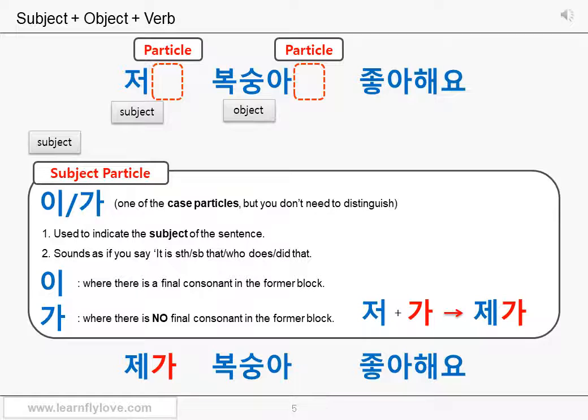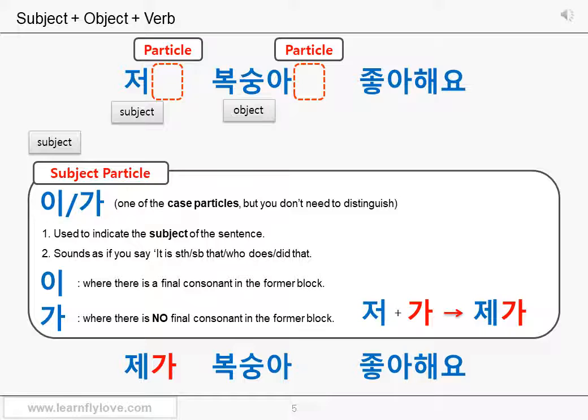Of course, the subject particle 이/가 is used to indicate the subject, so sometimes it doesn't have any strong nuance, but just says this is the subject. But since we also have the topic particle 는, you might want to know the difference between the topic particle 는 and the subject particle 이/가, right? If you add this subject particle 이/가 to the subject, it can sound more like you're saying, it is me who does or did that.